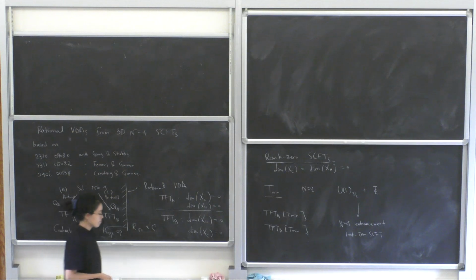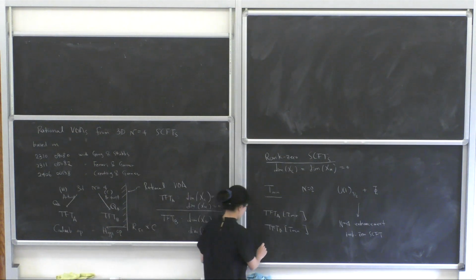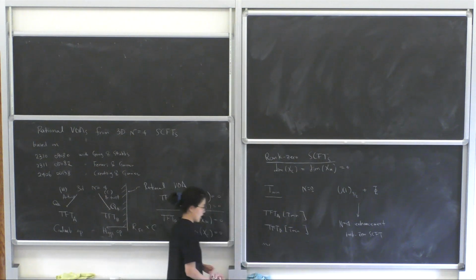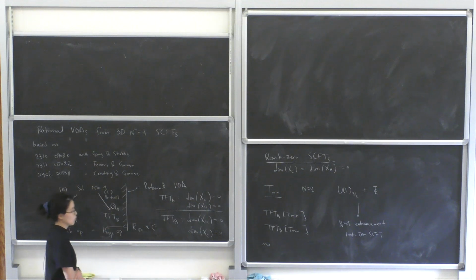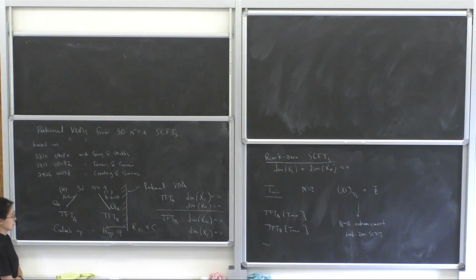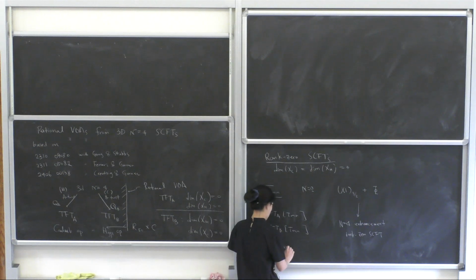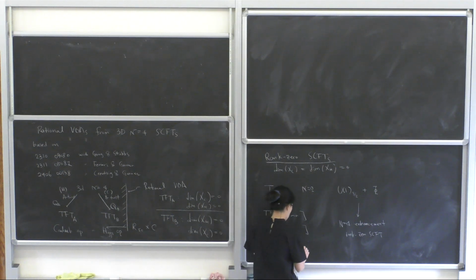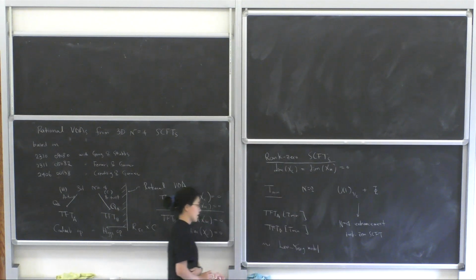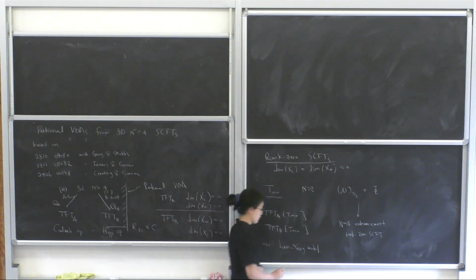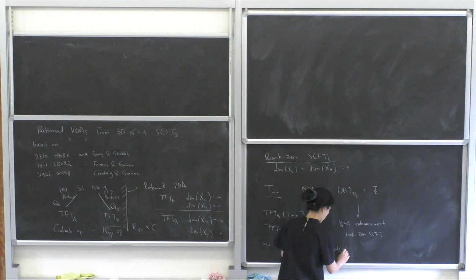And the bulk computation seems to suggest that these two theories actually have a modular data that is compatible with the Lee-Yang model, the simplest non-unitary rational VOA, which is sometimes called the Virasoro minimal model M(2,5).